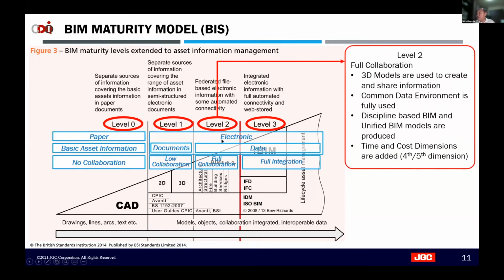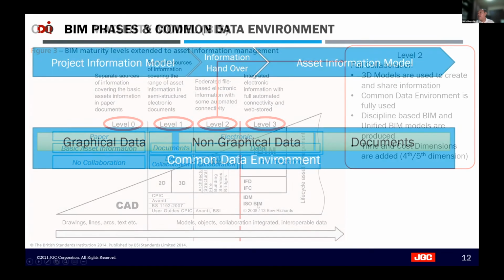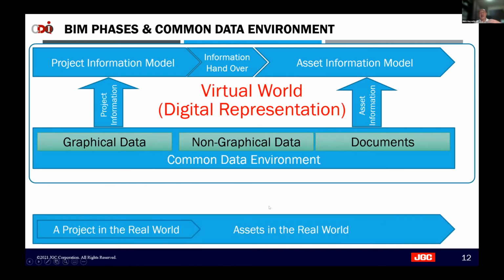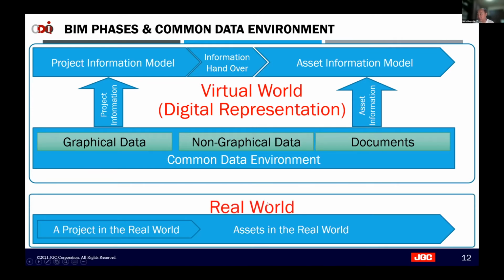So level 2 is full collaboration. 3D models are used and information is shared, with a common data environment, and then we have to hand over the actual asset. Okay, so this is the real world. This real world and virtual world should interact with each other and reflect each other.